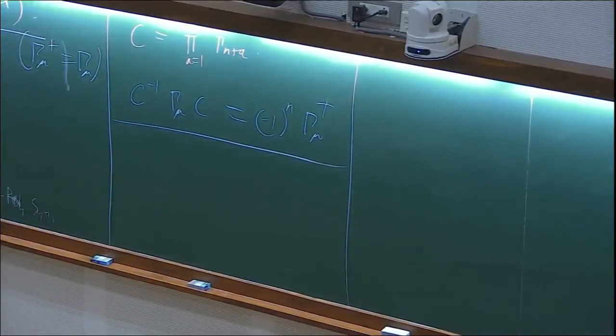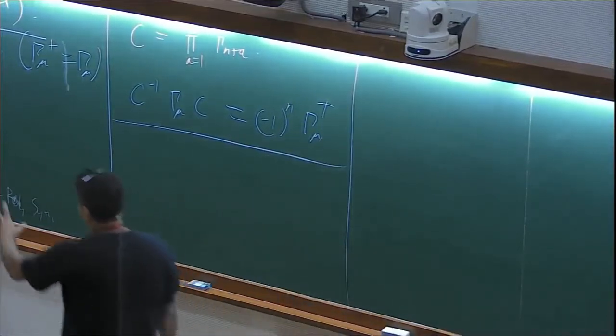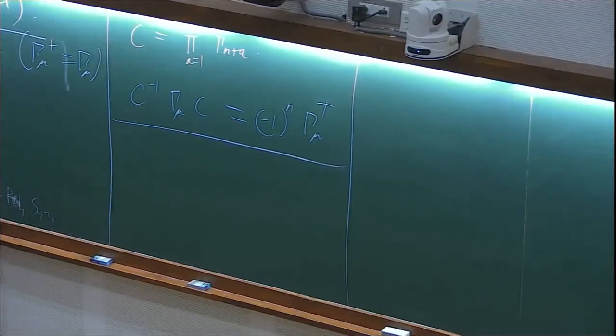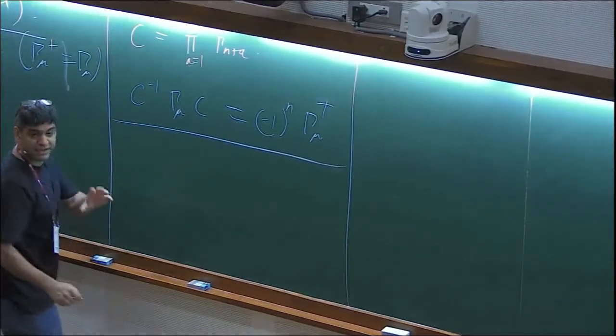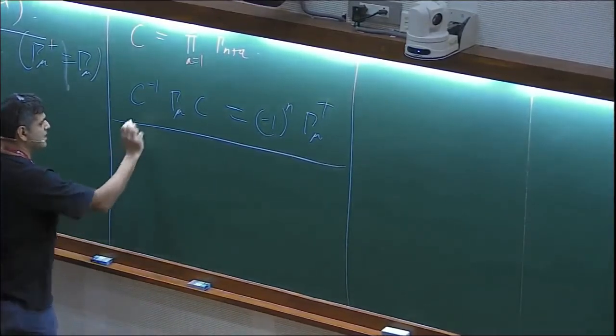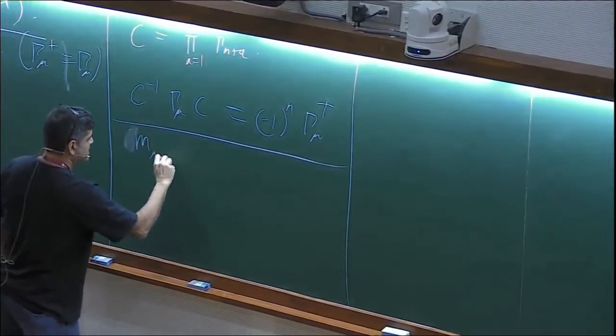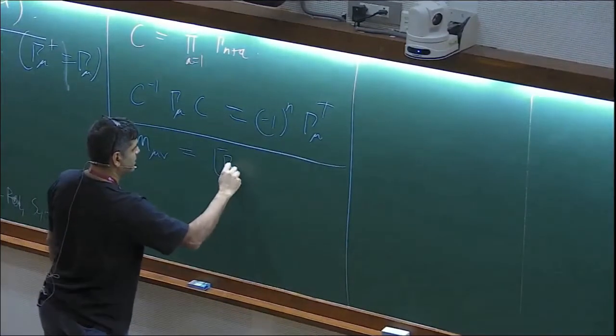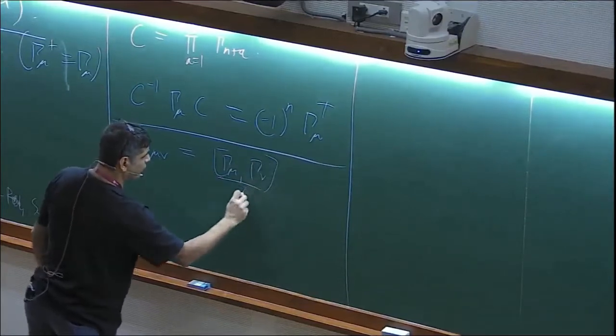We also discussed the representations of the generator matrices of SO(D). We discussed the matrices M mu nu equal to gamma mu gamma nu by 4.